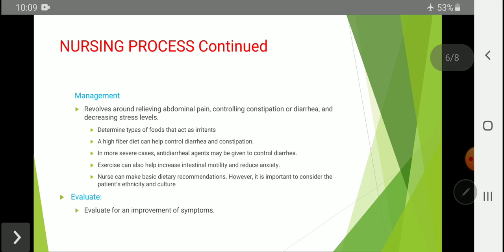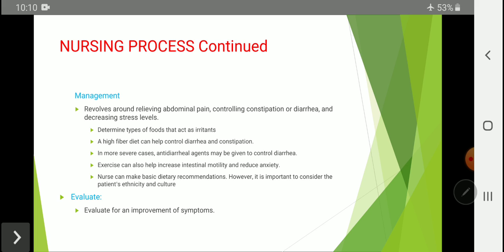Now, IBS doesn't have a cure, so the most important thing is to manage the patient's symptoms and improve their overall quality of life. Managing IBS revolves around relieving the patient's symptoms, such as abdominal pain, controlling constipation and or diarrhea, and decreasing the overall stress level.